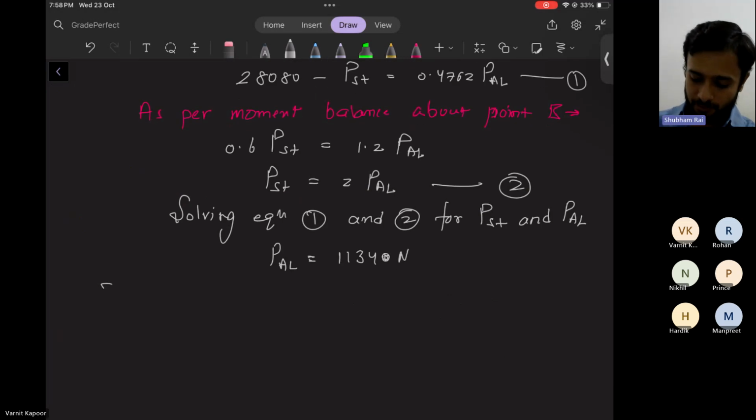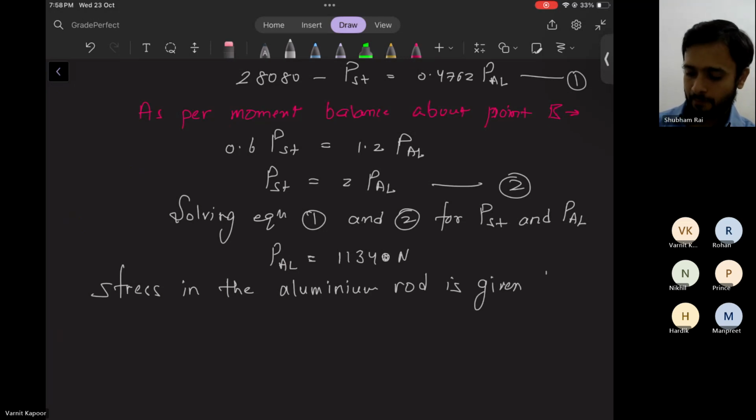Now stress you have to find. So stress in the aluminum rod is given by sigma AL, which will be equal to PAL divided by area of aluminum AL.